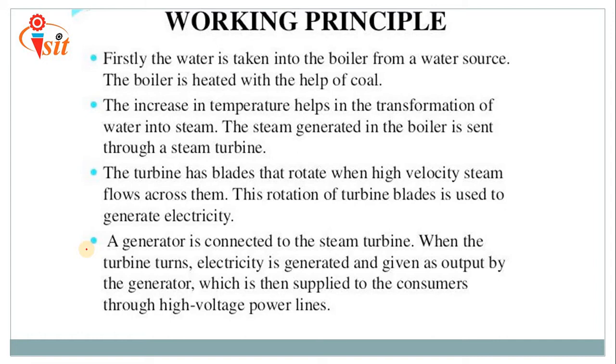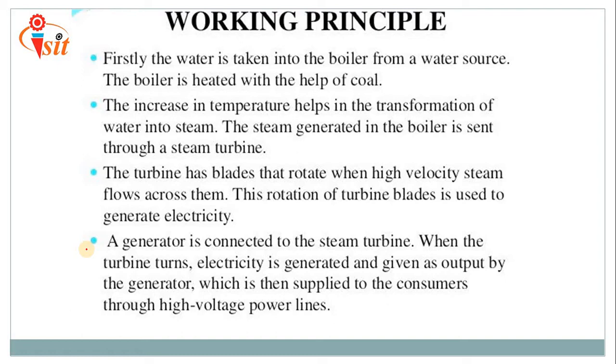So as we know the working of the steam power plant, the heart of the steam power plant is the boiler. With the help of the boiler we produce steam by converting water into steam by the evaporation process, and the fuel used in the boiler is generally pulverized coal, means powder form of the coal.